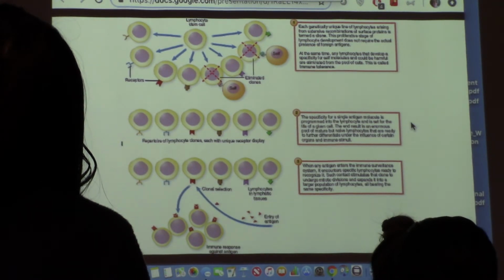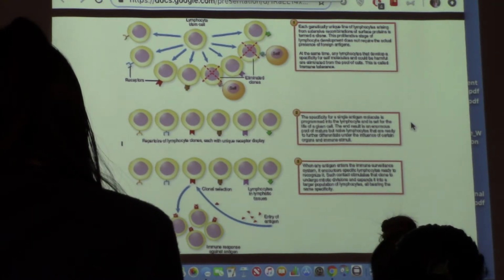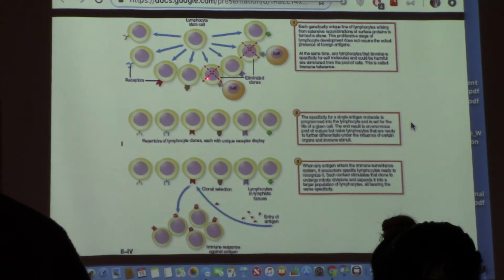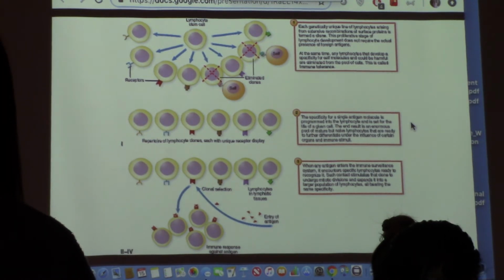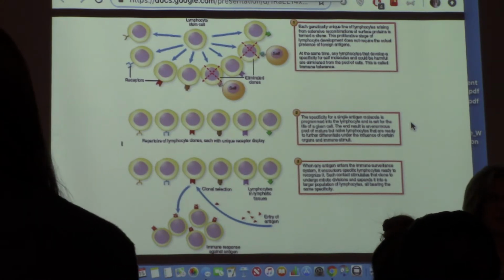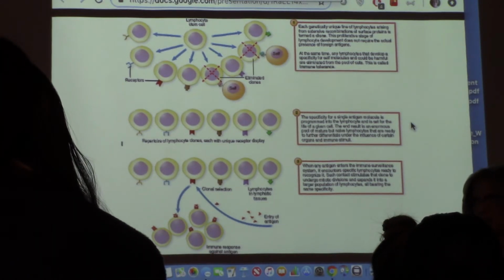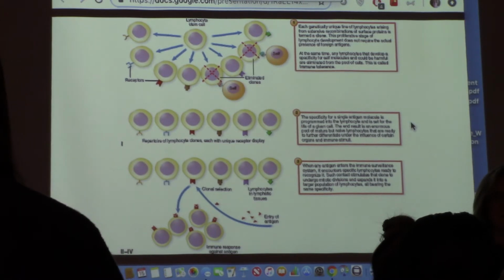Okay. All right, so the first thing that happens is, because it's a random process, some of these actually will bind to your own tissues. And if you start to make antibodies or killer T cells that recognize you instead of an outsider, what are they going to do to you? It becomes an autoimmune problem, right?